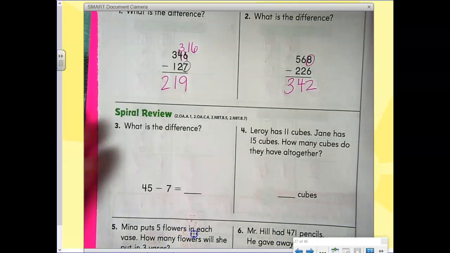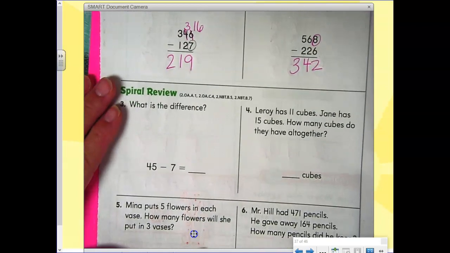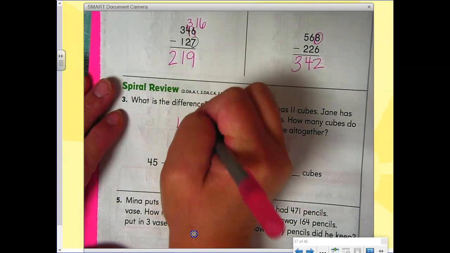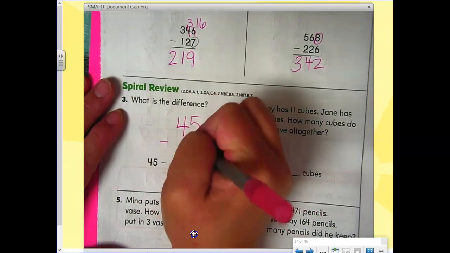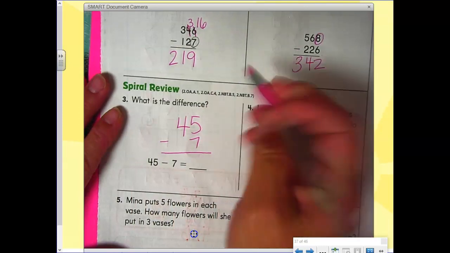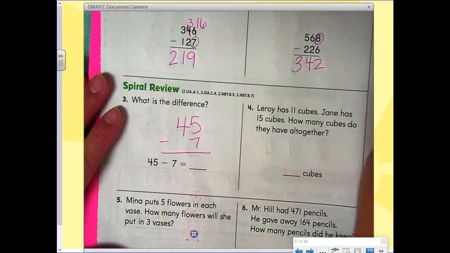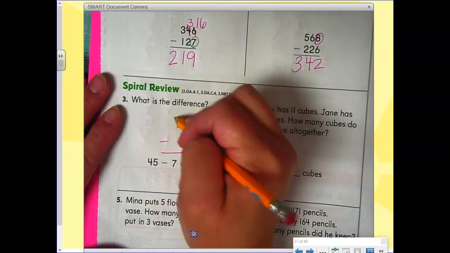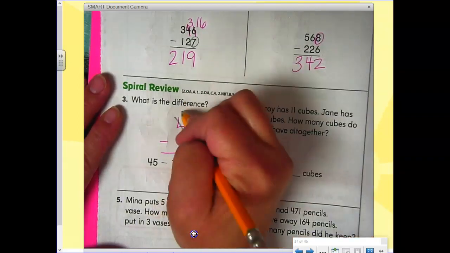What is the difference? 45 minus 7. All right, 45 minus 7. Where's our big number? It's on the bottom. Go next door and grab 10 more.